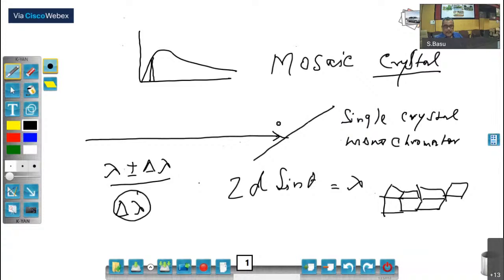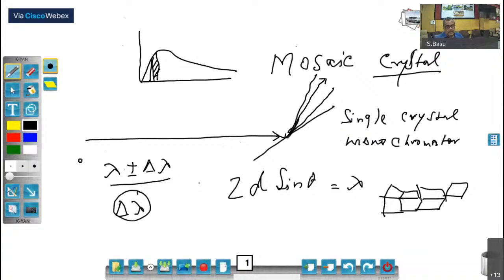So you will get a beam which is not as it would come from a perfect single crystal, but with a wavelength spread and an angle spread. That is known as a mosaic crystal outlet. Conceptually, I then get a larger slice and a larger number of neutrons coming to my sample.